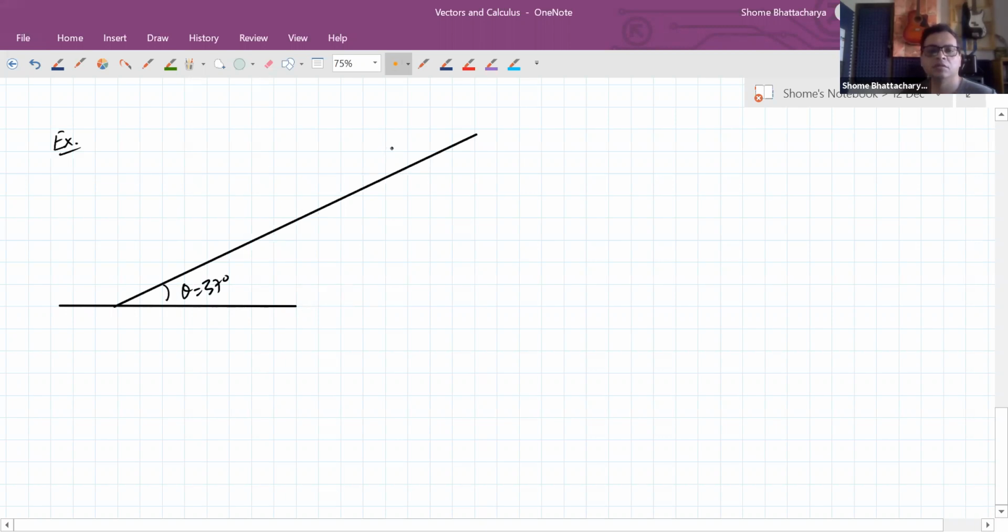And we have a block of certain mass, which is sliding down from the position A, eventually to the position B. It is sliding down like this.